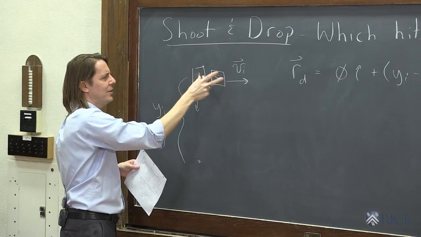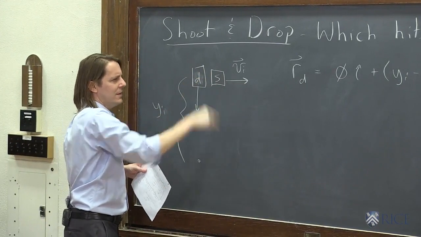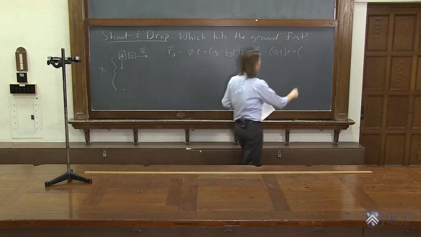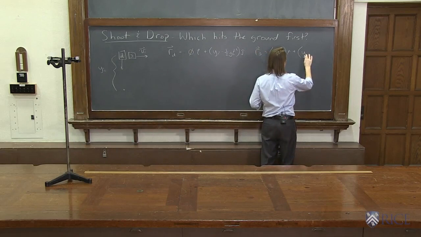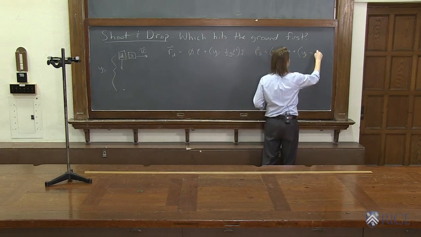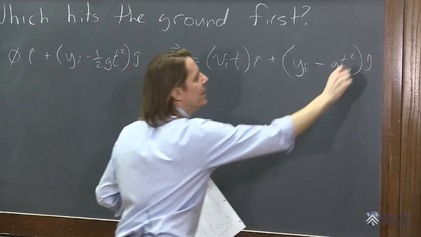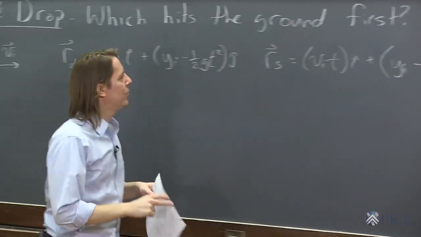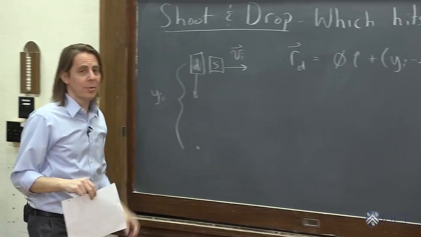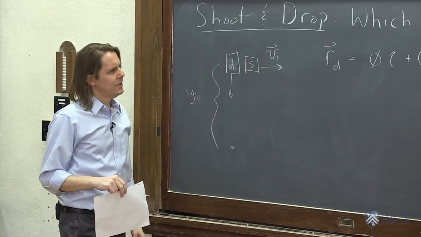We'll also pretend they started both at the origin, and it's just going to come down, starting out at the same height, y initial, minus 1/2 gt squared j hat. Even if you don't need those, it's good to write them down. There will be more complicated problems where you need them.